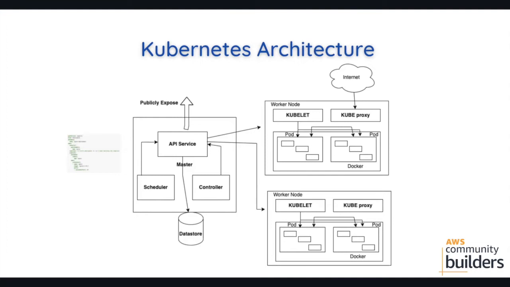It is the core part of Kubernetes. The API service always talks to the worker node and gives commands on what to do, when to be active, when to go to the dev state. Everything is commanded by the API service.